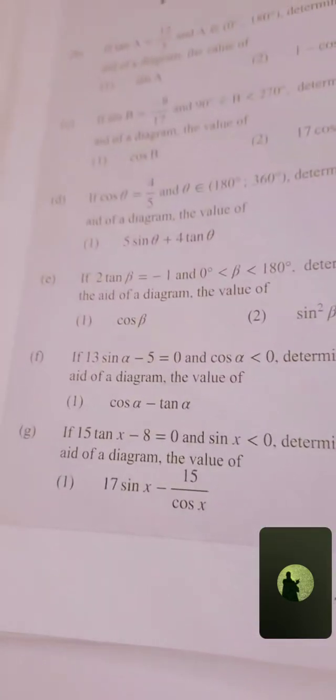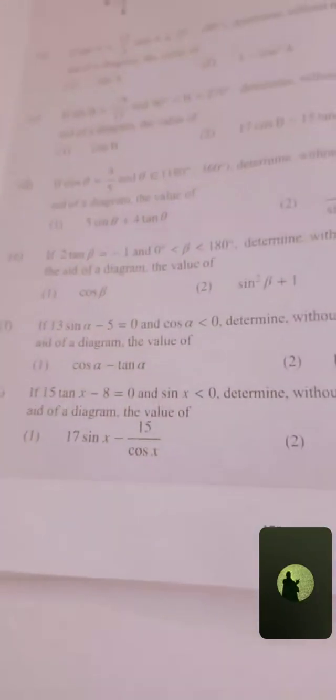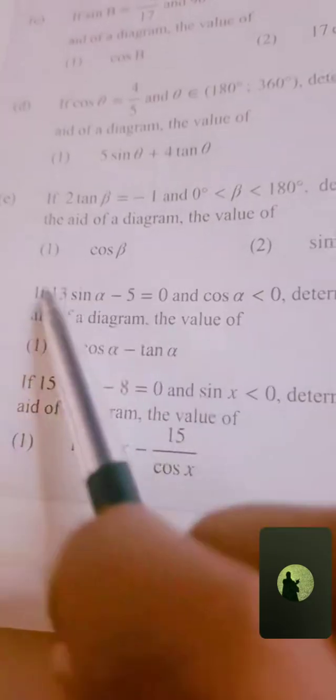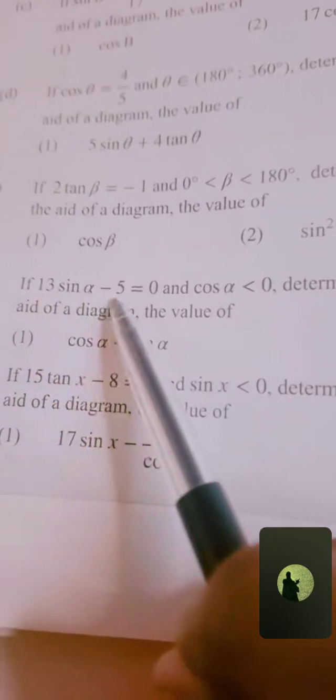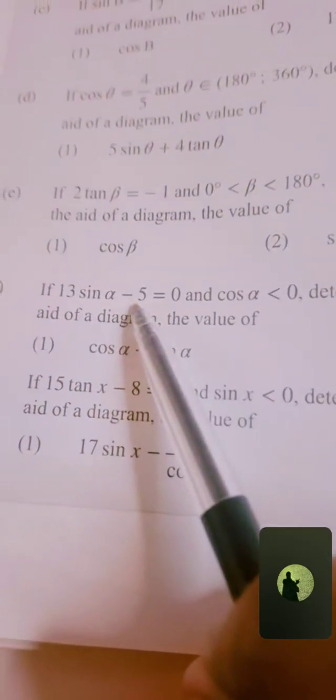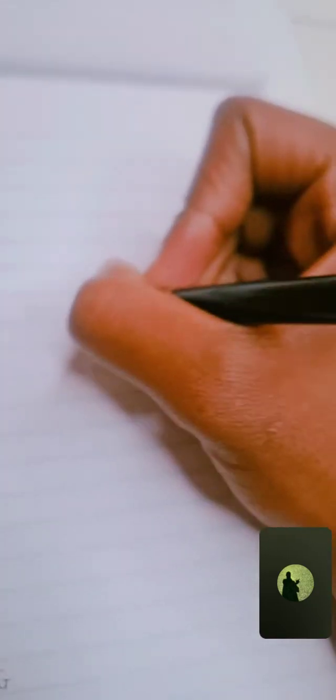Okay, I hope you caught a glimpse of the procedure I said we can follow when we did the one question. Step one, isolate the given trig ratio. So if 13 sine alpha minus 5 is equal to 0, isolating sine, what do we do?